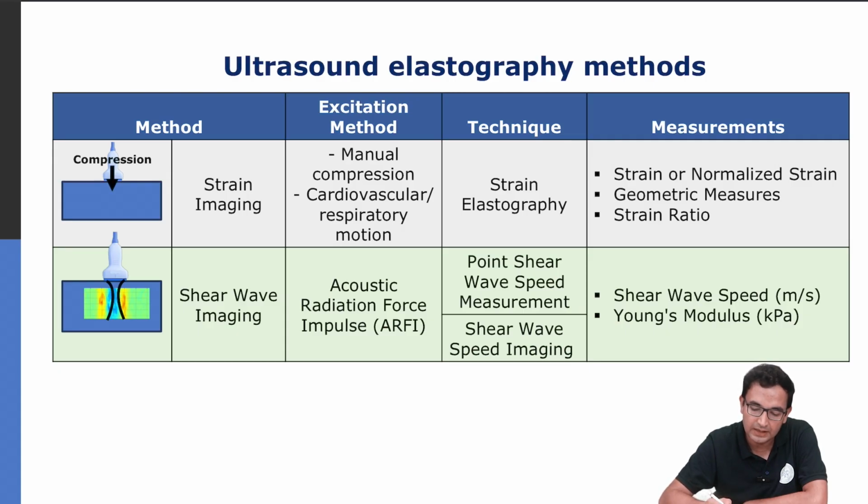Now, there are techniques which will just look at the shear wave speed at a point, they do not really calculate images. On the other hand, you also have techniques which lead to images. So, they can provide parameters such as shear wave speed and Young's modulus, which are related to tissue elasticity.